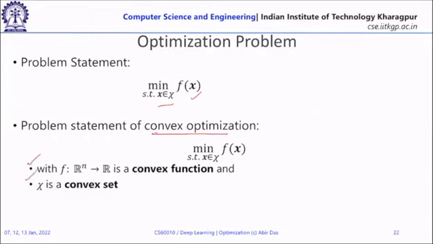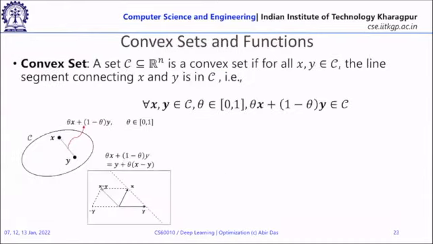The function f is a convex function, and the domain of the minimizing variable argument is a convex set. Let us see what we mean by convex function and convex set. First, what is a convex set?